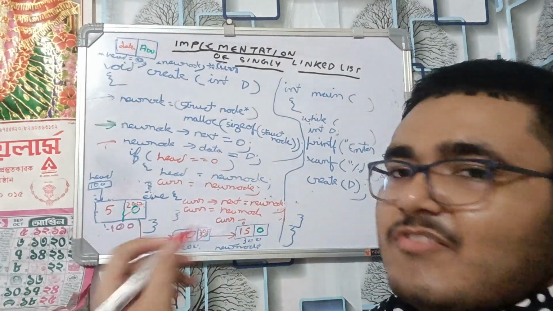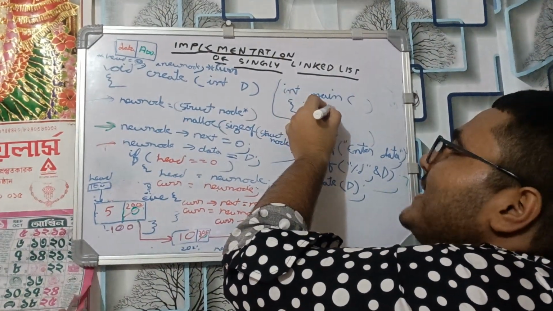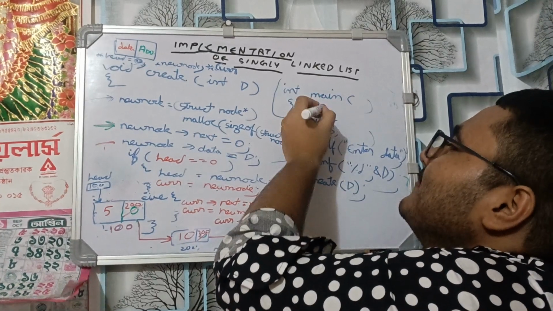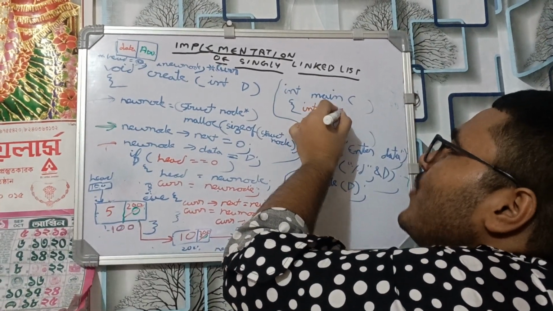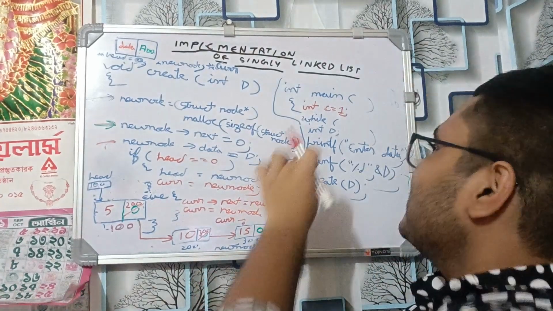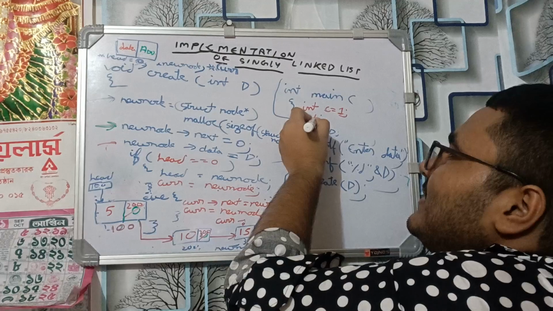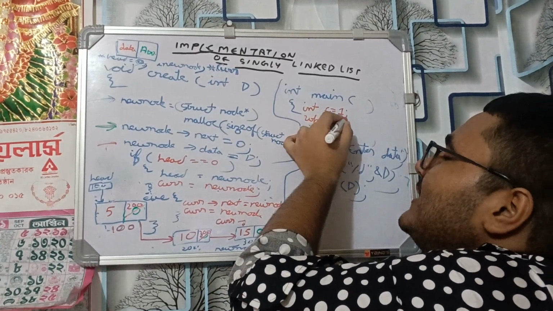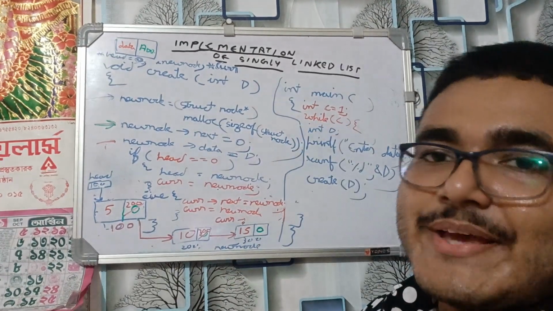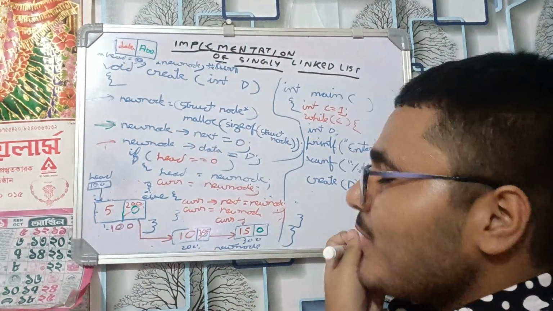Just take a variable, say int c is equal to 1, where c stands for choice. I am taking a small variable name. Now while c, first time it will surely run, because while 1 means it is true.